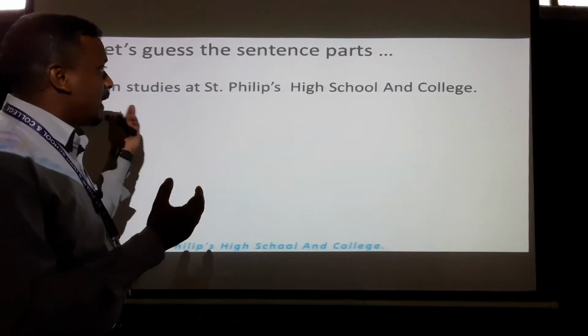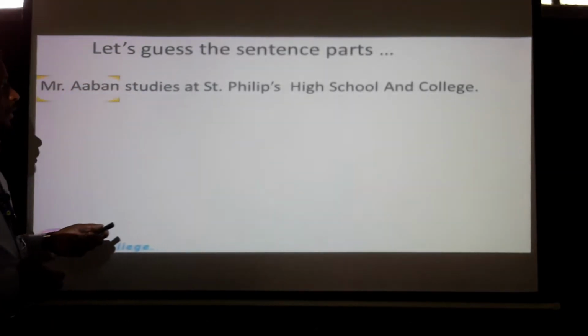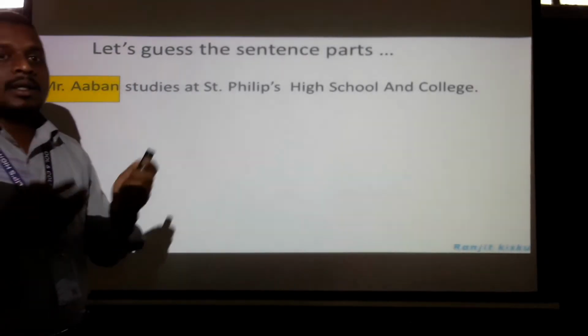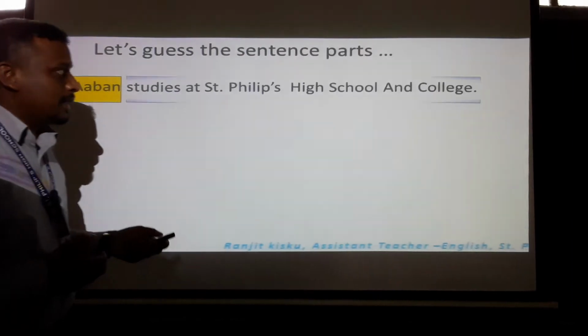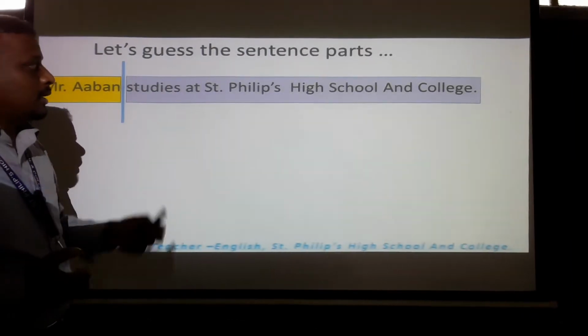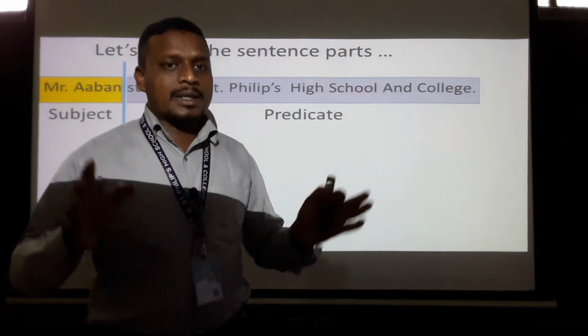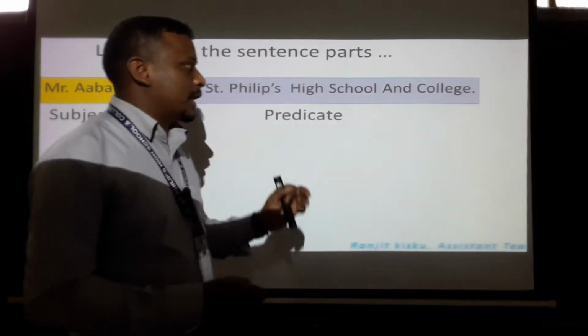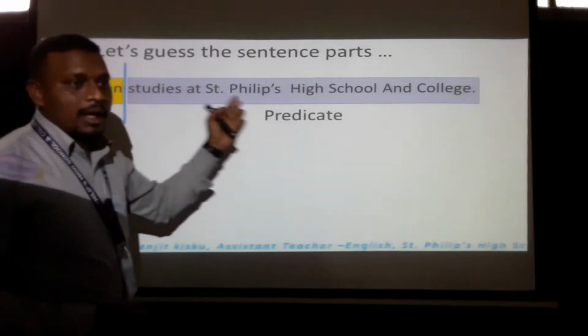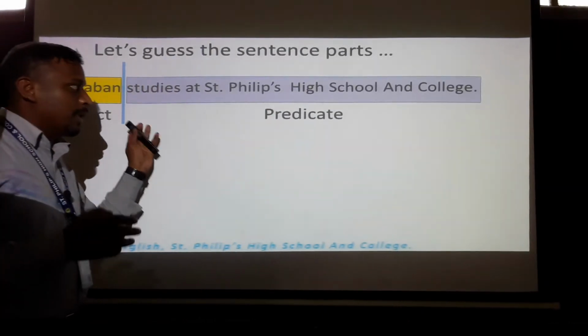First, we got the subject, right? Then we got the predicate. So every English sentence will have two parts. The first one is subject and then predicate. You must remember, got it?